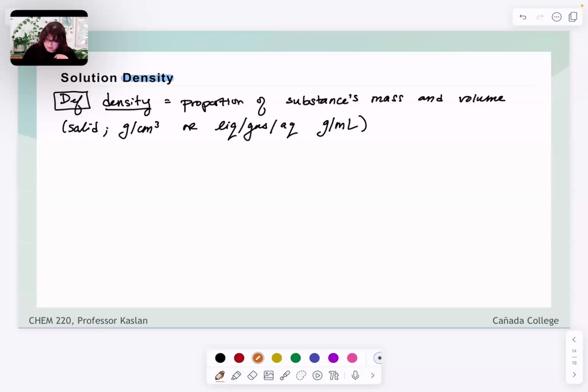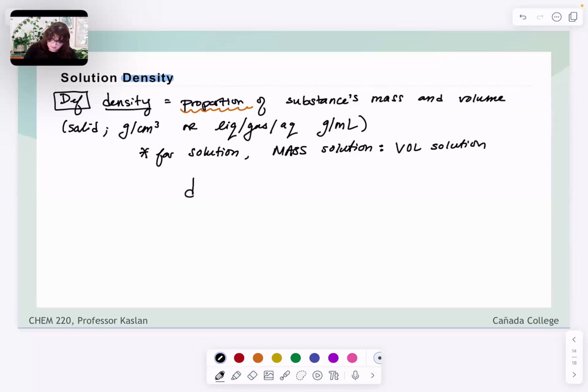So thinking back to when we talked about molarity as being a proportion of moles and liters, density is a proportion. It's just a proportion of two different things about the substance. So for a solution, this has to be a proportion of the mass of solution per volume of solution.